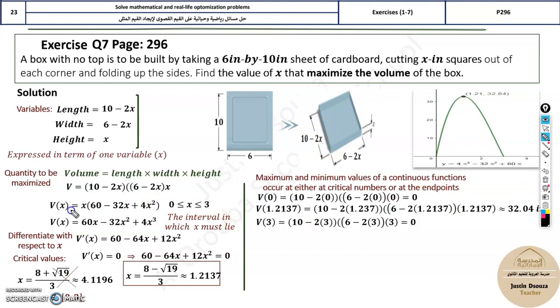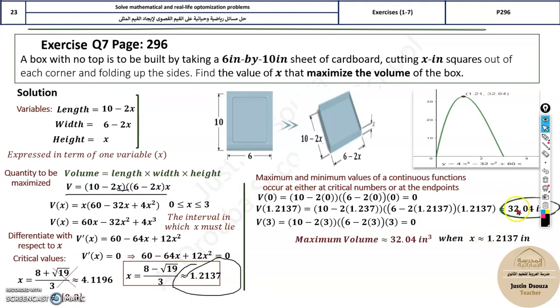Take the endpoints and put them in the volume equation over here, the main equation, okay? Substitute over here. Instead of x, put the endpoints, that is 0, 3, and also the critical number. Check where you get a maximum value. It will mostly be at the critical number, and that is the maximum volume.